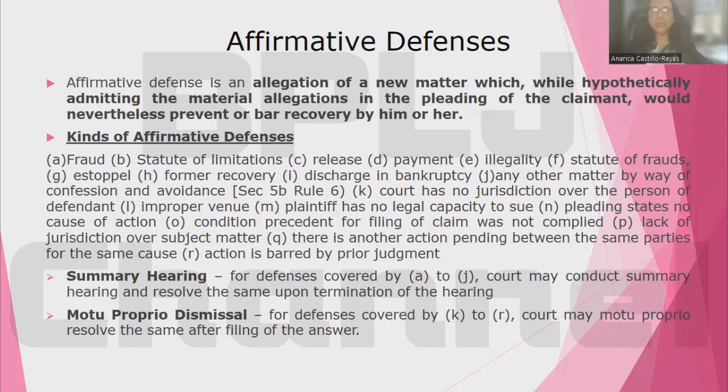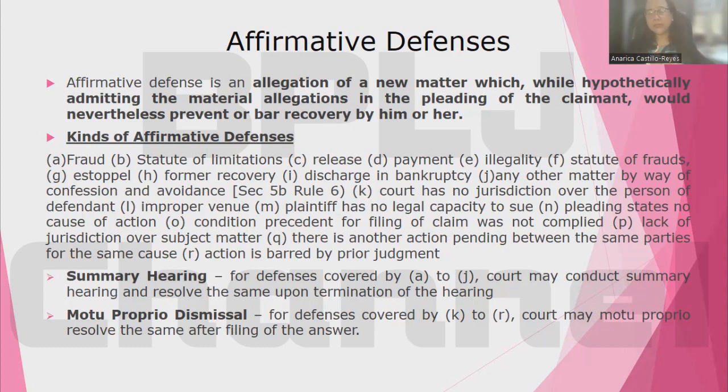We have fraud, statute of limitations, release, payment, illegality, statute of frauds, estoppel, former recovery, discharge in bankruptcy. Court has no jurisdiction over the person of the defendant, improper venue, plaintiff has no legal capacity to sue, pleading states no cause of action, condition precedent for filing was not complied with, lack of jurisdiction over the subject matter, litis pendentia, and res judicata.